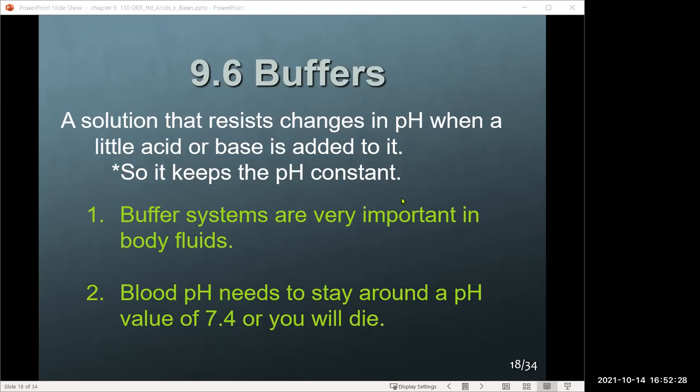So when an external acid comes in, the base part reacts with it. When an external base comes in, the acid part reacts with it and helps maintain a constant pH. So they're very important, especially in blood. You have a pH buffer going on in your blood system because you're trying to maintain that pH 7.4. Very important to maintain that.